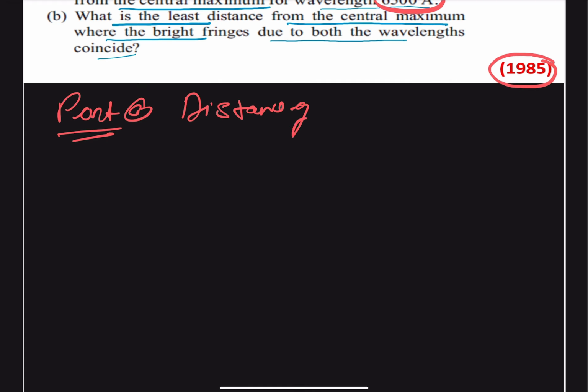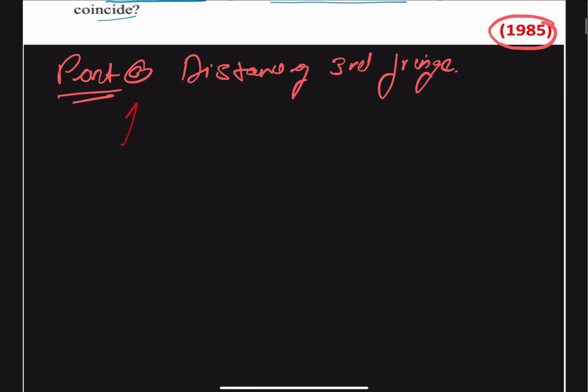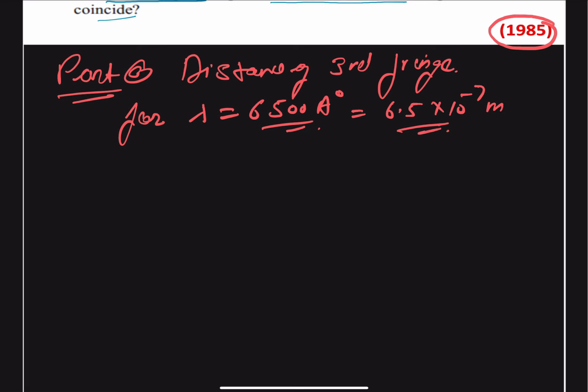Distance of third fringe for wavelength, that is our lambda, 6500 angstrom. So this basically means it is 6.5 into 10 to the power minus 7 meters. And we directly know the formula for the fringe position.